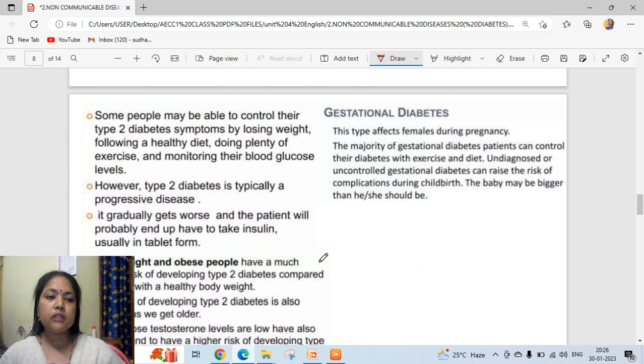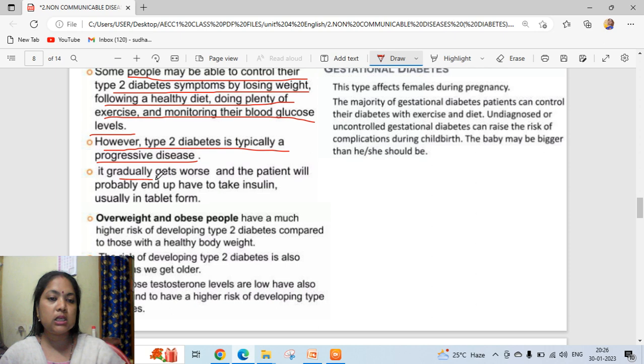Okay. Then some people may be able to control their type 2 diabetes symptoms by losing weight, then following a healthy diet, doing plenty of exercise and monitoring their blood glucose levels. However, type 2 diabetes is typically a progressive disease and it gradually gets worse, and the patient will probably end up having to take insulin, usually in tablet form.